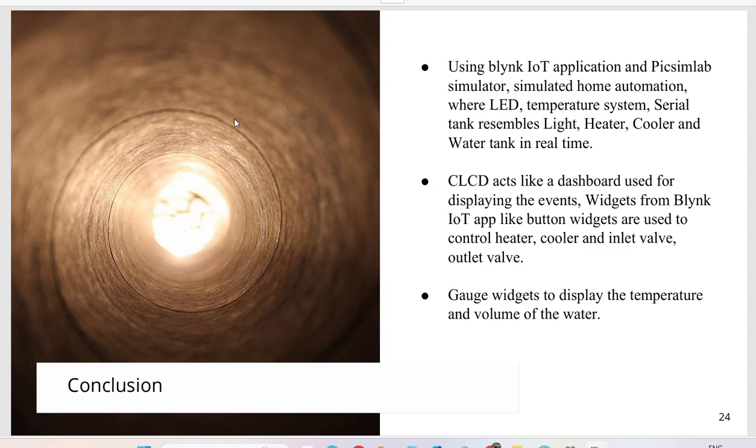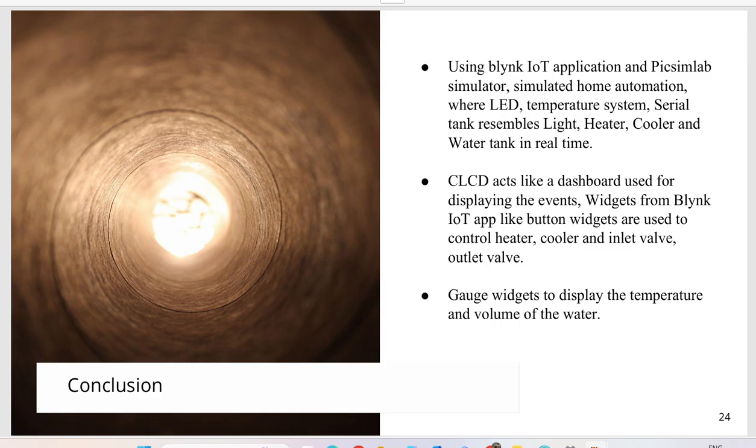And real-time updates are displayed on both the CLCD and the Blynk application. The Blynk application and PSIM lab simulator are tools which are very useful for advanced embedded systems, and also the CLCD displays the volume or the degrees of temperature.